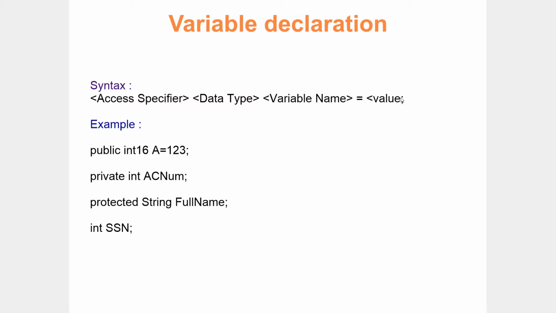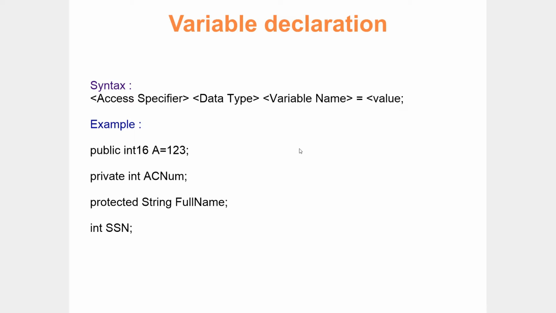Whenever you want to define a variable, you should take care of these four parts. What is the scope of this data? What is the type of this data? What is the name of your memory location? And what kind of data has to be stored in that particular location? These four things are to be defined during your variable declaration.